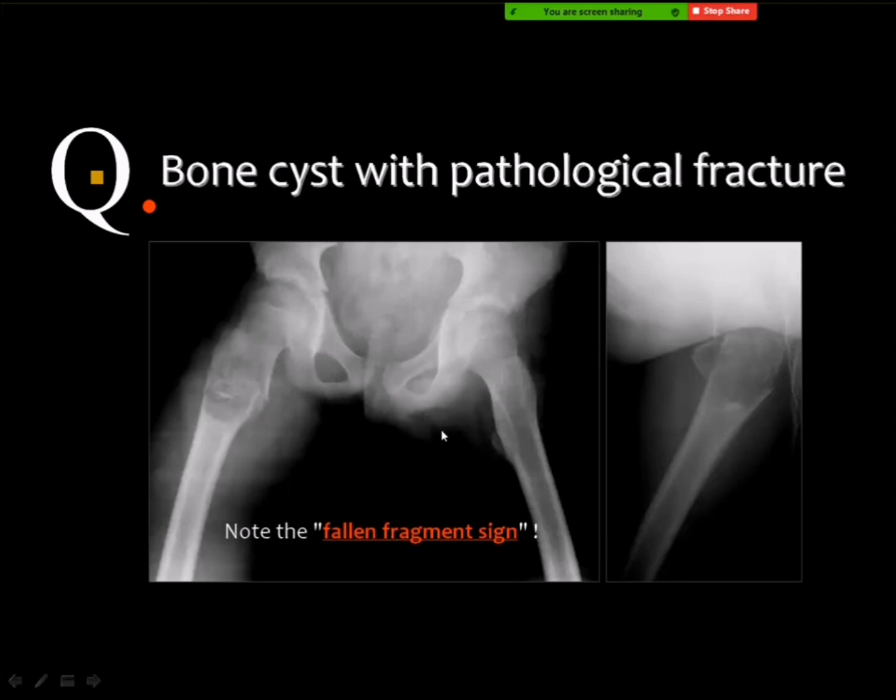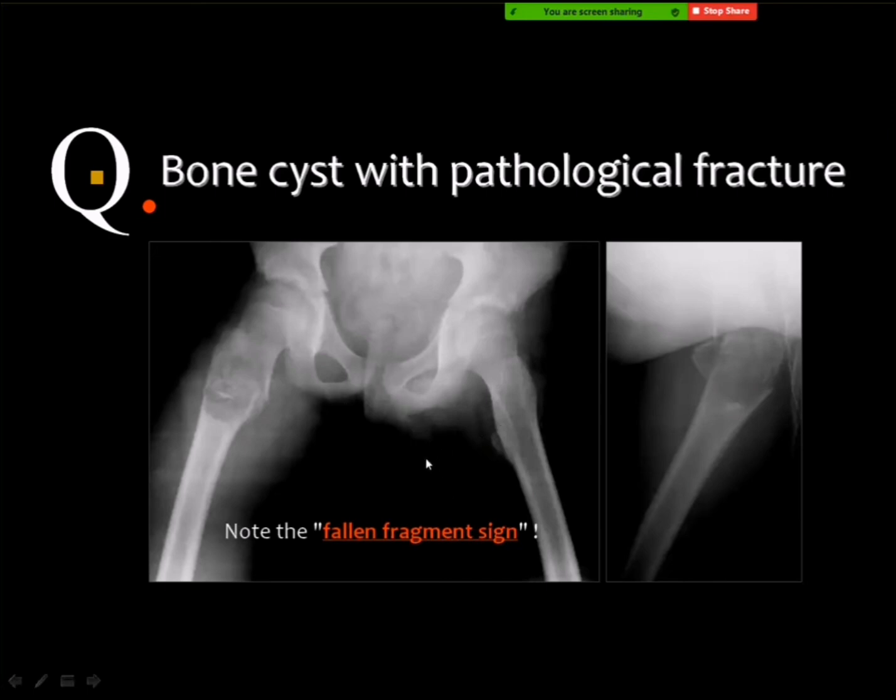But you should remember one important sign, that is whenever the simple bone cyst is fractured and you get hemorrhage inside the cyst, and this hemorrhage will form a fluid level inside the cyst, then on MRI, if you see a fluid level, you may mistake this cyst for an aneurysmal bone cyst.